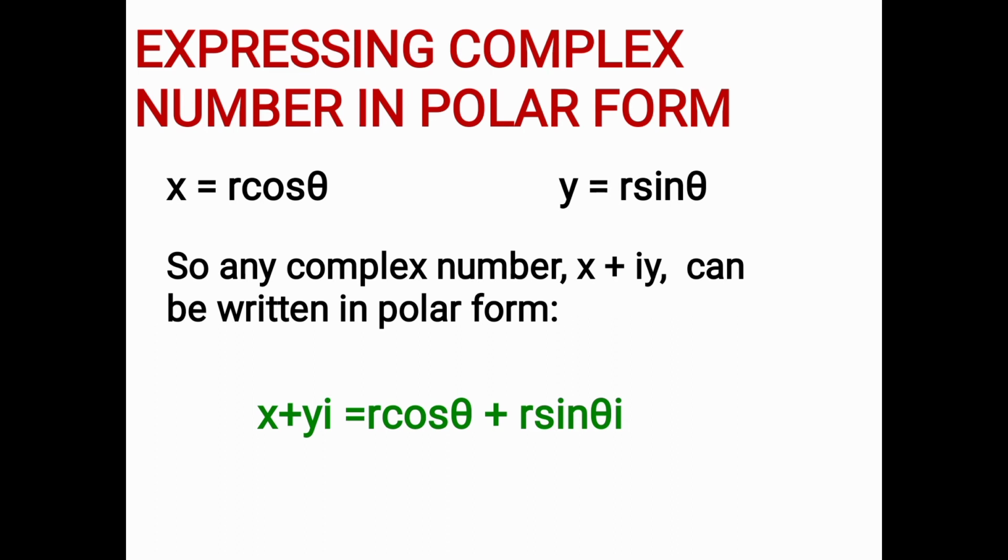Suppose a complex number z equals x + iy, abscissa is the x direction, and the ordinate is y in the y direction. Then we have learned x by r, adjacent side by hypotenuse, equal to cos theta, so x equals r cos theta and y equals r sin theta.